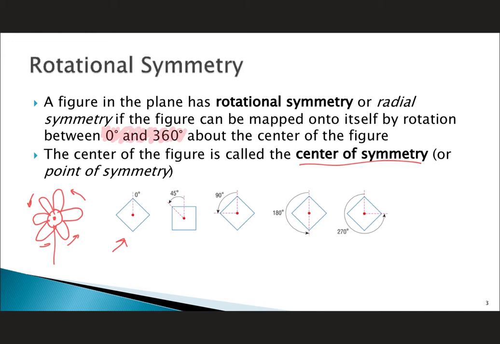You have 0 degrees, meaning you haven't spun at all, and then you've got 360, which means you've come around an entire circle. In order for there to be rotational symmetry, the figure has to be mapped onto itself by the rotation. So that means when it rotates, the image matches the pre-image exactly.